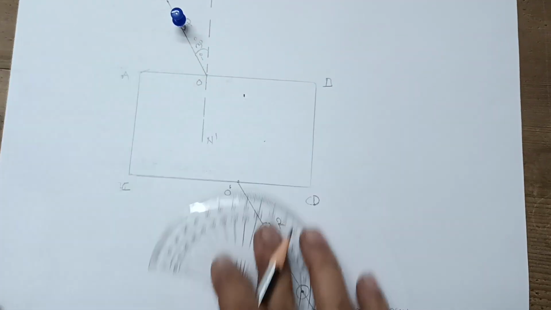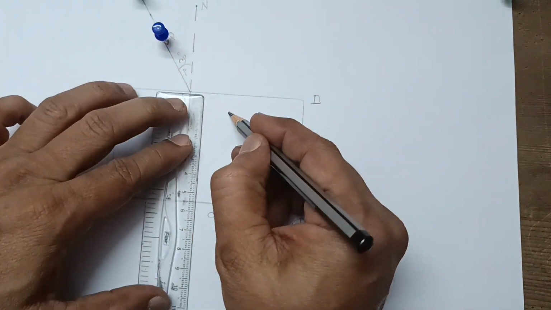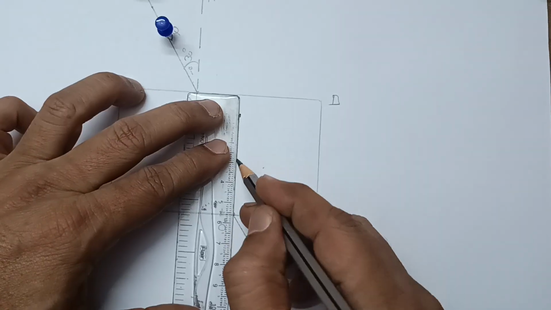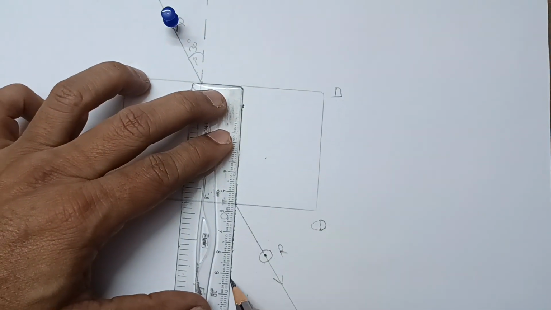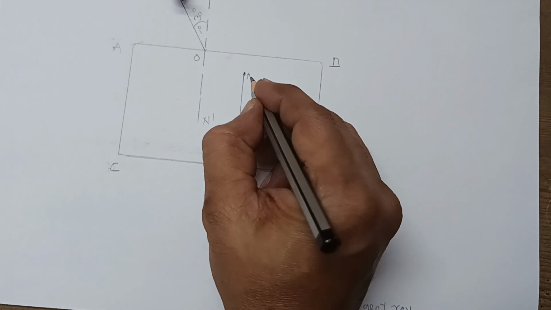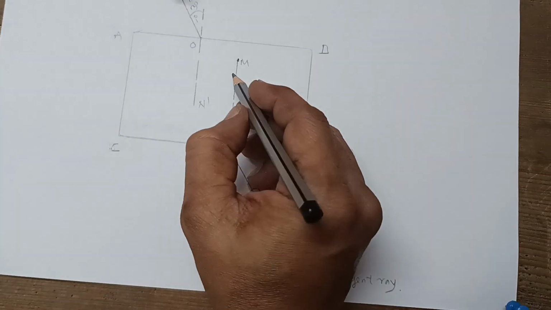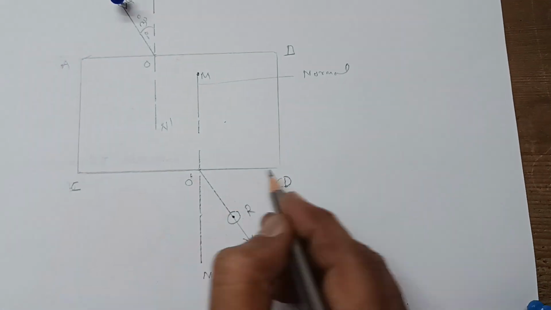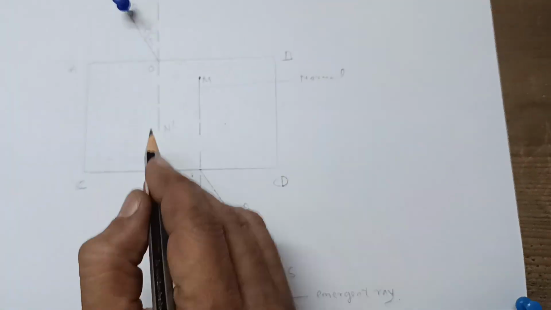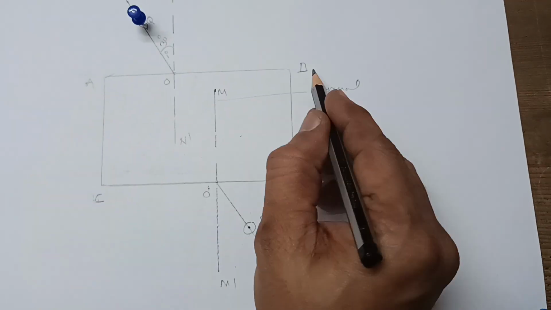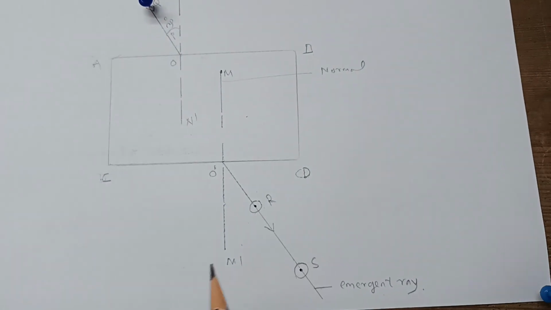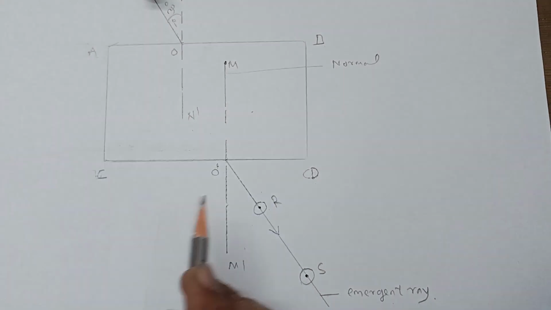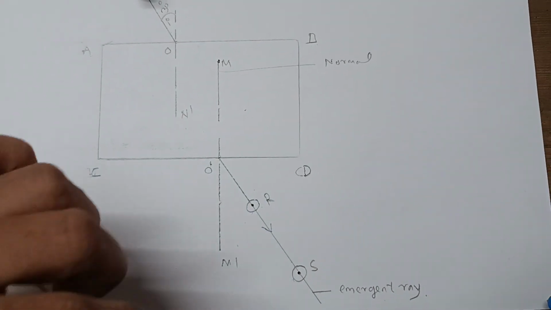Mark this 90-degree and with a scale join these 2 points with a dotted line and mark it as M dash. This M dash is the normal to the surface CD, and this N dash is the normal to the surface AB. Now you have to join these two, O and O dash.